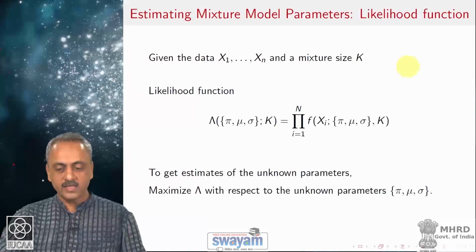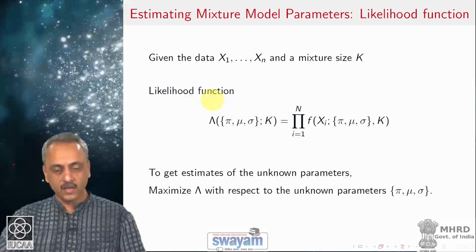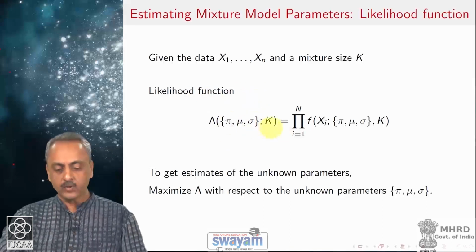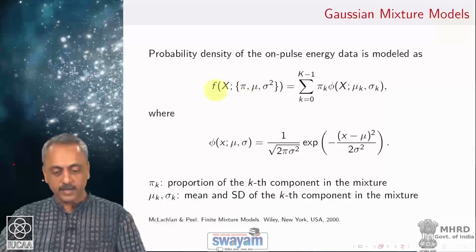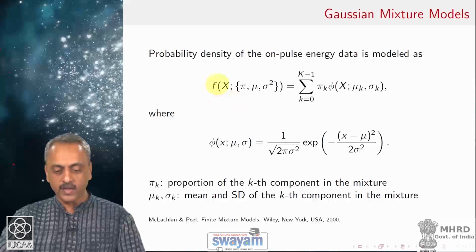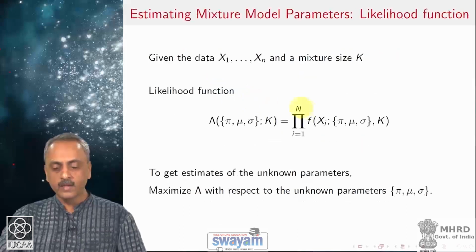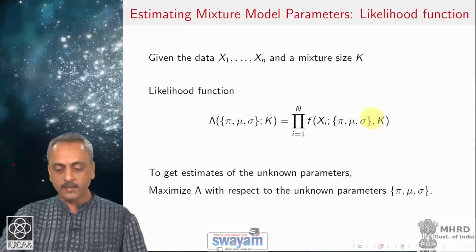One way in which this is done is to write what is called the likelihood function, which is considered a function of the parameters and also the mixture size. It also depends on the data. This is basically the product of the density function, this f, of the Gaussian mixture model, the product of the density values at the data points given values of the parameters.